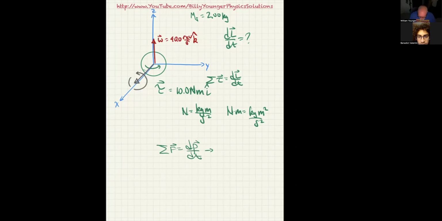What that means is you can say dp equals the total force times dt, and then delta p equals the integral of dp from p initial to p final, which equals the integral of the net force dt. By that alone, there's no place for you to put mass in, so there's no way to change it as a result of mass. So the change in momentum is independent of mass here.